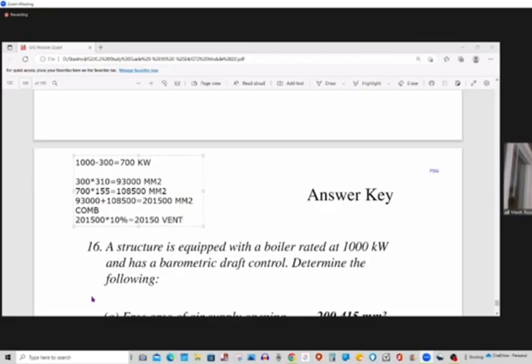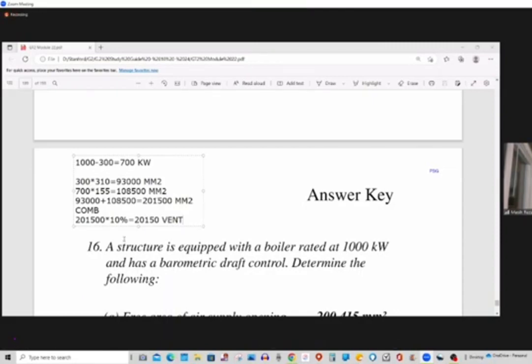Just go by the book. Sure. Okay. So simple. In the book, it says the first 300 kilowatt, each kilowatt 310 square millimeters. The rest, 155 square millimeters. So you got this one, you add them together, this is the opening. Everybody got that?